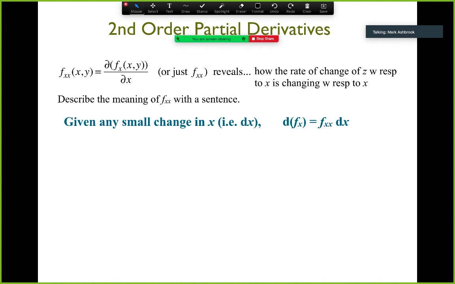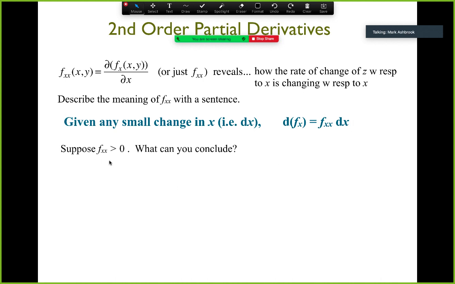We're still going to change x a little bit, and then the change in the derivative, or the change in the rate of change, is going to be the second derivative times our change in x. Okay, so the second derivative tells us how the first derivative, or the rate of change, is changing.